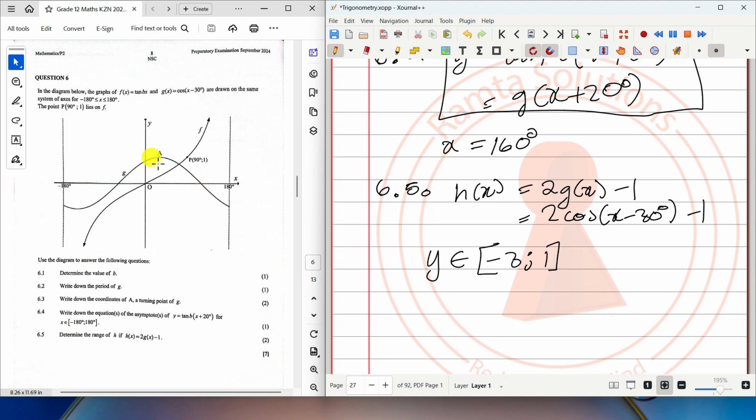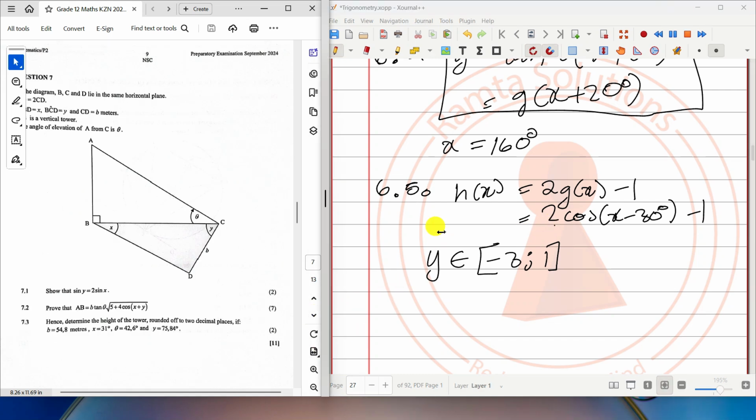Its maximum is no longer at 1 but now at 2, and its minimum is at minus 2. And further, it shifts 1 unit down. When it shifts 1 unit down, it's no longer minus 2 to positive 2, but rather minus 3 to positive 1. Okay, perfect.